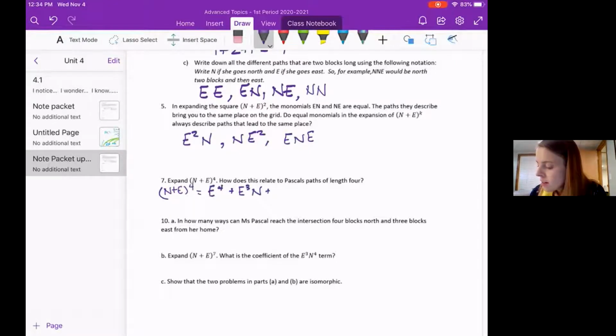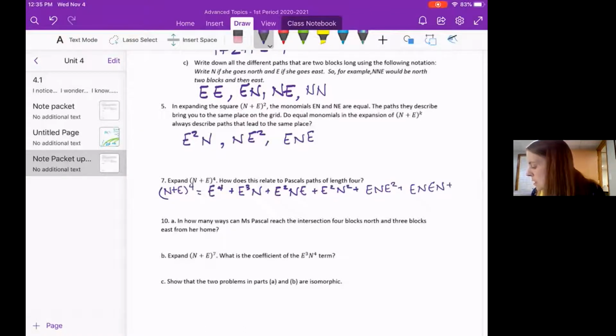We could get e squared ne. We could get e squared n squared. You might be getting these in different orders, and that is totally fine.